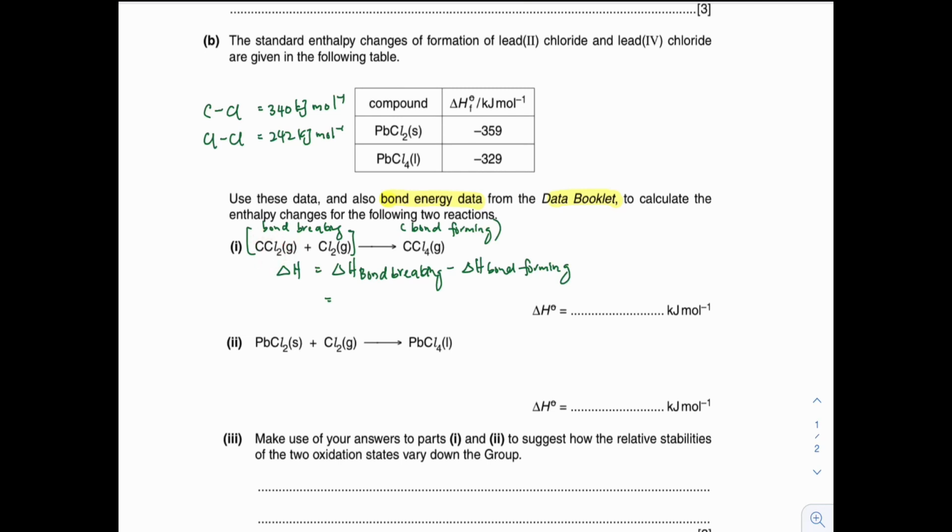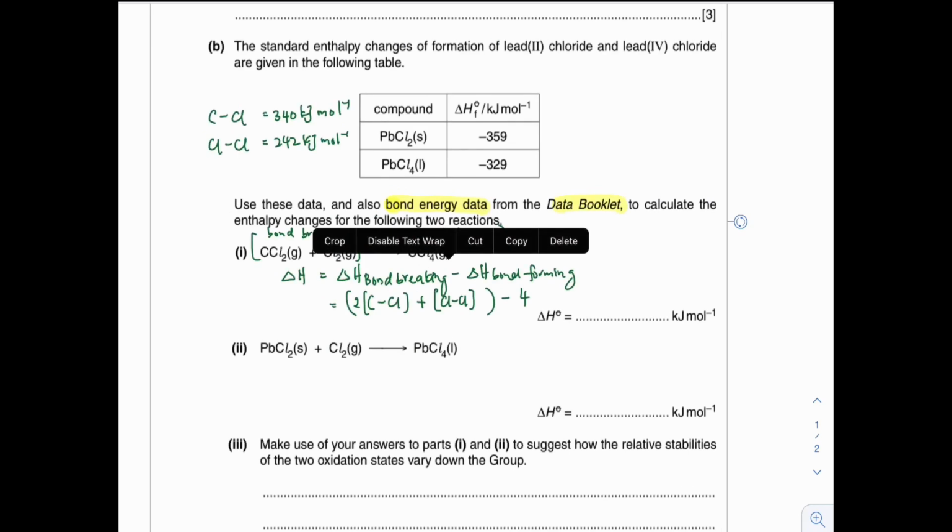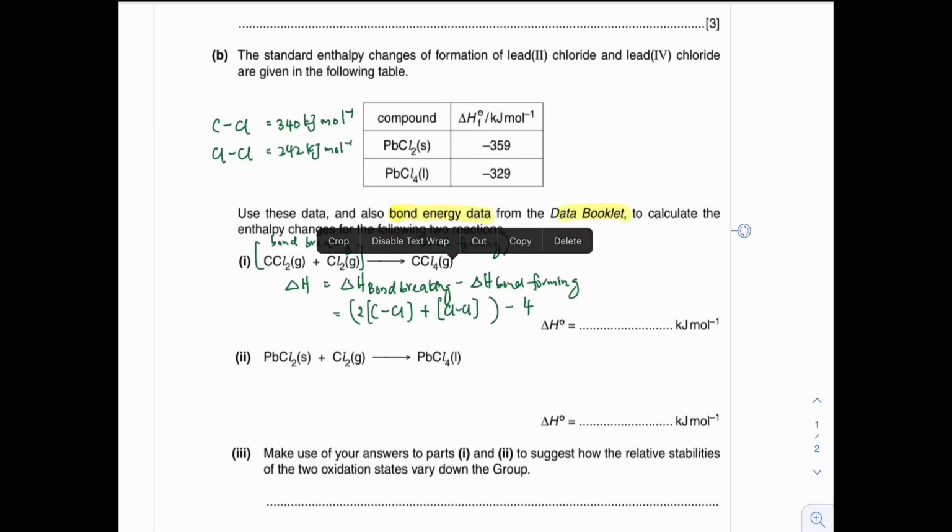There will be two C-Cl bonds being broken, plus 1 Cl-Cl bond being broken. So this is the total of bond breaking minus the total of bond forming. There will be 4 C-Cl bonds formed. Let me write it down.